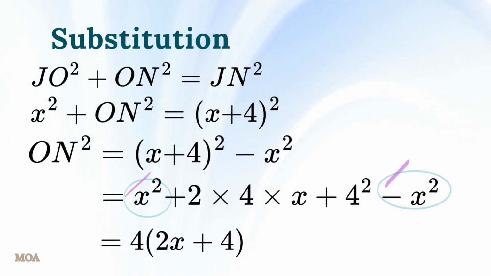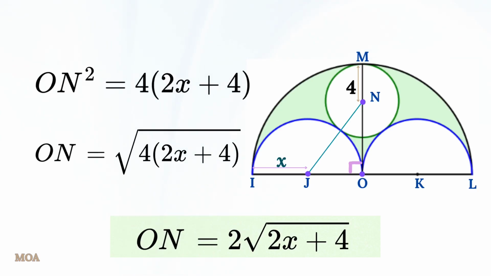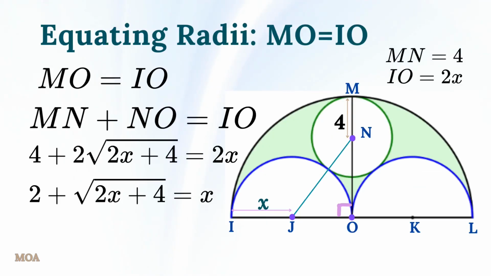After simplifying, the X squared terms cancel out, which yields ON squared equals 4 times the quantity 2x plus 4. Hence, ON equals 2 times the square root of the quantity 2x plus 4. Next, let us equate the radii.